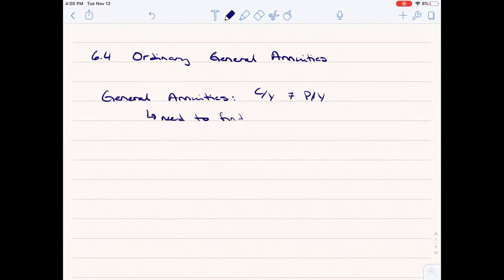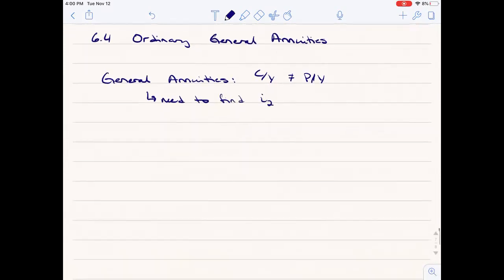Need to find I2 before we can do any calculations, which we've been kind of pretending to do, but it hasn't been necessary until now.